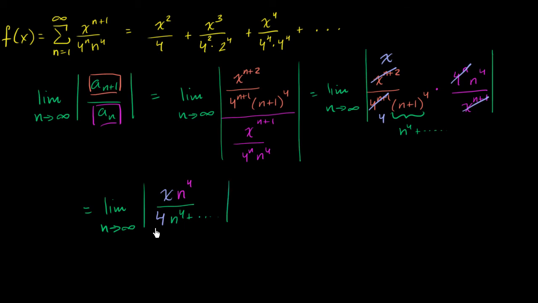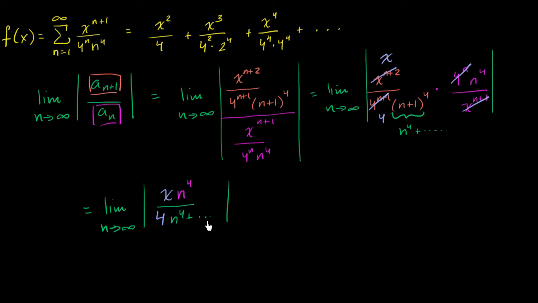Now, what's the limit as n approaches infinity here? Well, we want to look at the highest degree terms, the n to the fourth degree terms. And so it's really going to be the coefficient on these. One way to think about it, if you divide the numerator and the denominator both by n to the fourth, these are the only terms. You're going to have an x in the numerator, and in the denominator you're going to have a 4, and all these other terms are going to be divided by some power of n.